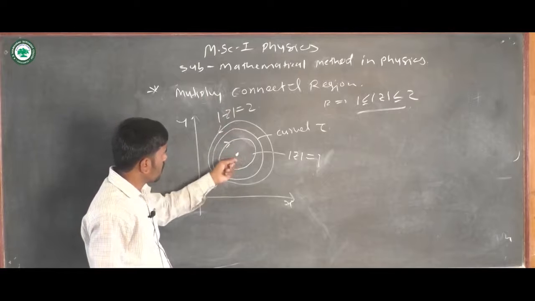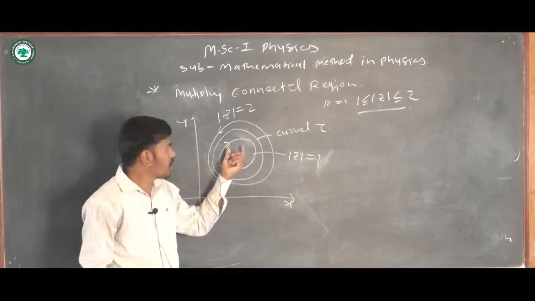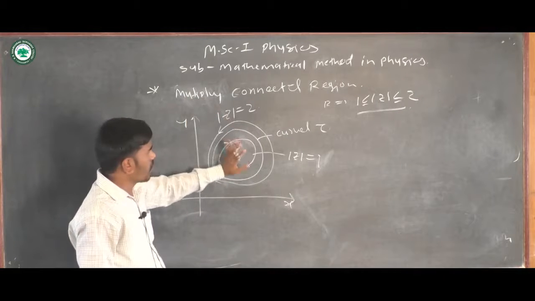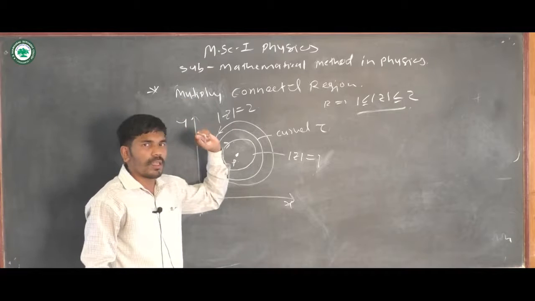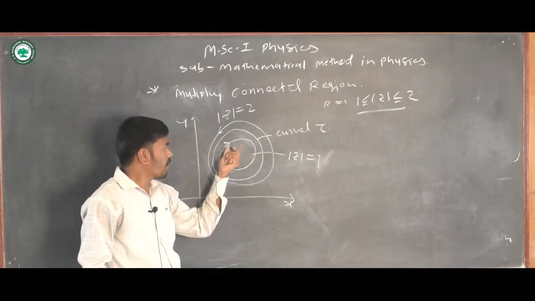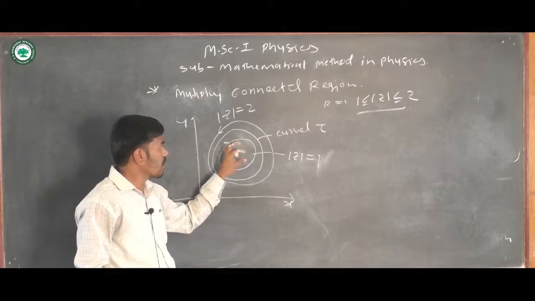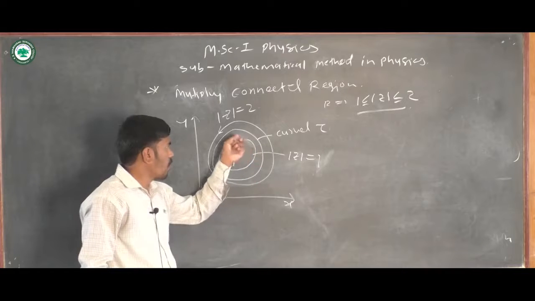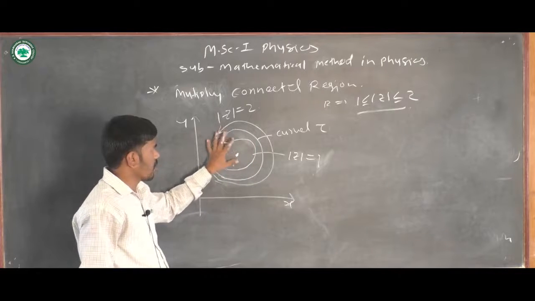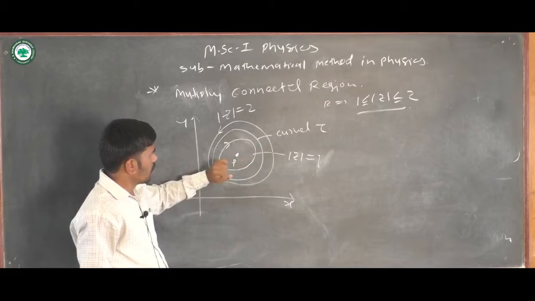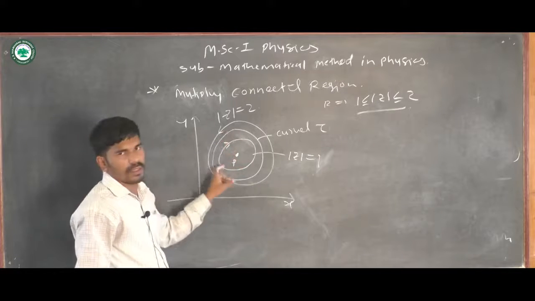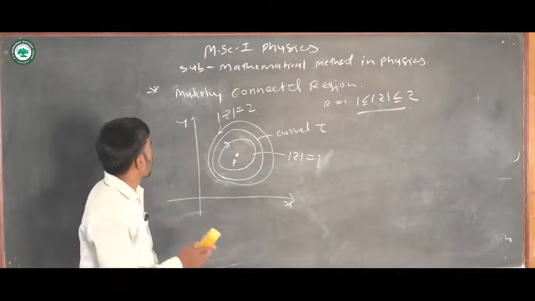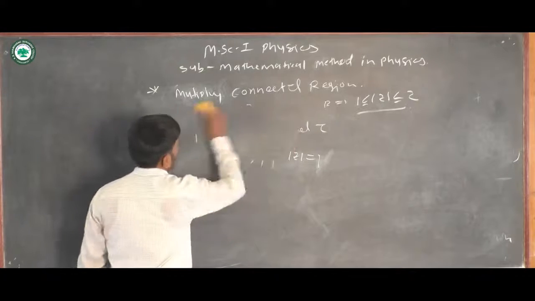But here if it is shrunk, it leaves the region, and that's why we call this a multiply connected region. That is the difference between simply connected and multiply connected regions. If we try to shrink this closed curve tau to the point, it can't shrink without leaving the region, so this is a multiply connected region.